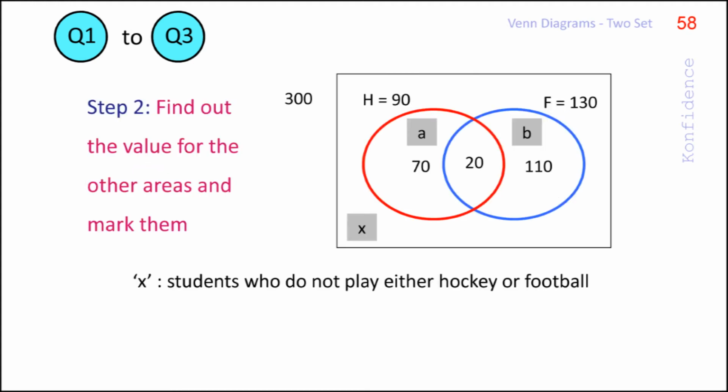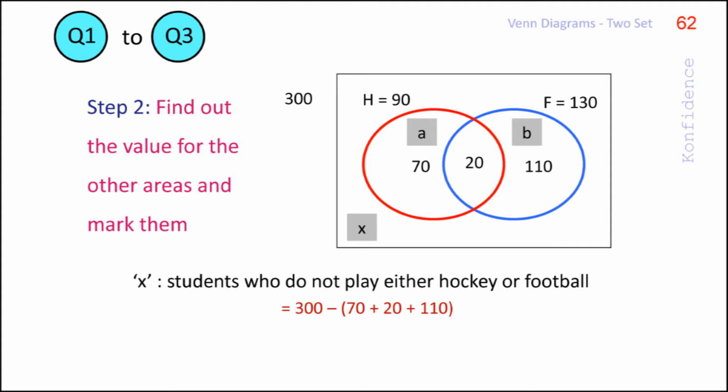X represents the set of people in the school who do not play any of these two games. We know the total number of students is 300. The total number of people playing these games is what? Look at the figure. It is 70 people who play only hockey, 20 who play both the games, and 110 who play only football.